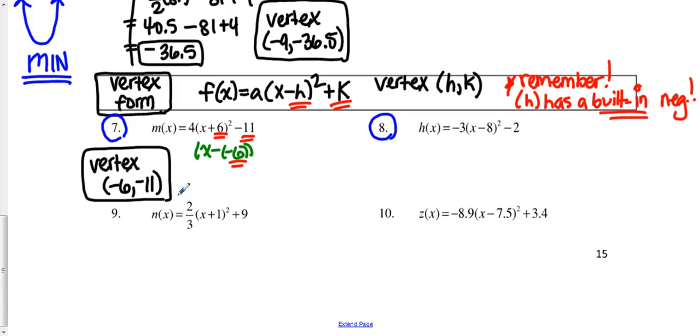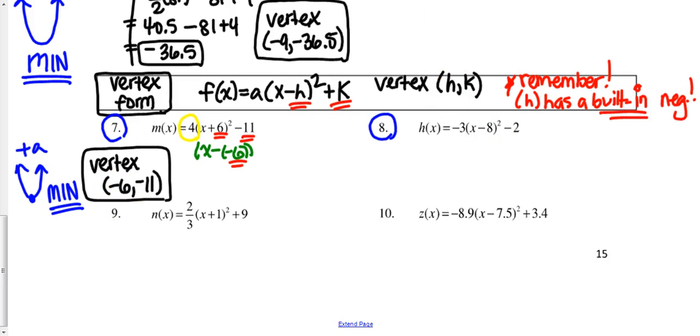To determine if this is a max or a min, I have to decide what a tells me. A tells me that that is a positive a, which means it opens up, and 7 is a minimum. By 7, I mean the vertex for 7, negative 6 comma negative 11, which is right here, creates a minimum point.